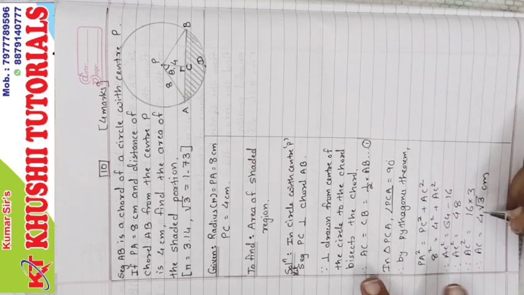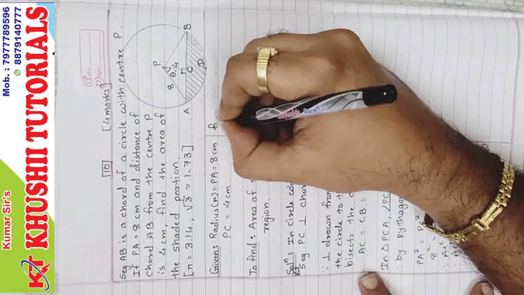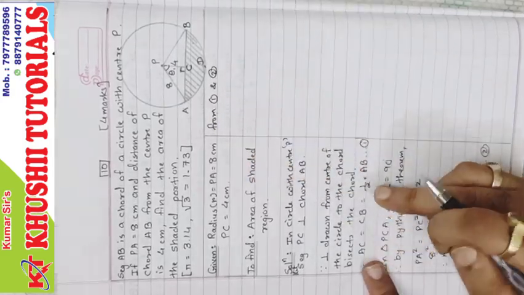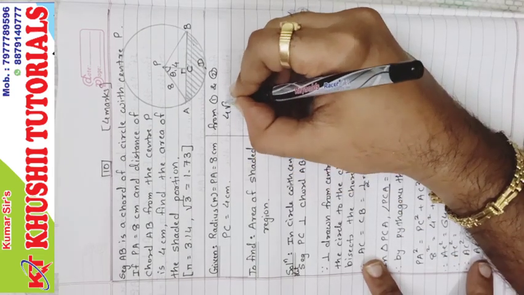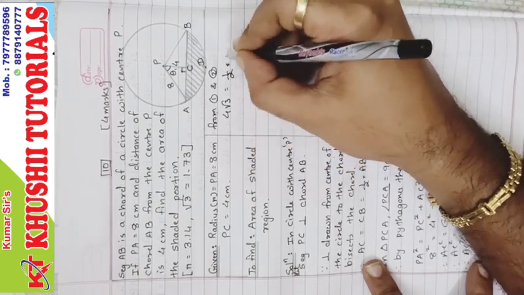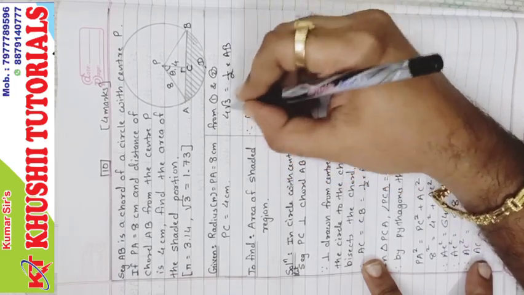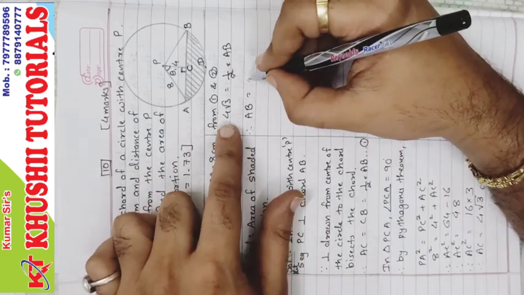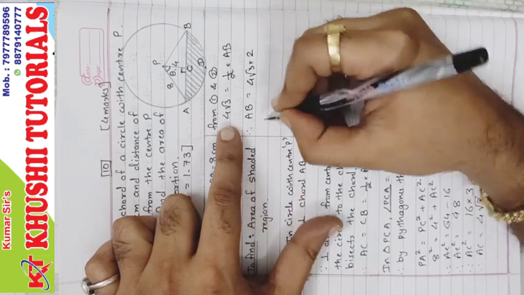Now AC we got, we'll mark it as 2. Now from 1 and 2, AC is half of AB, right? So 4 root 3 is half of AB. Therefore AB, 2 will come here, so 4 root 3 into 2.